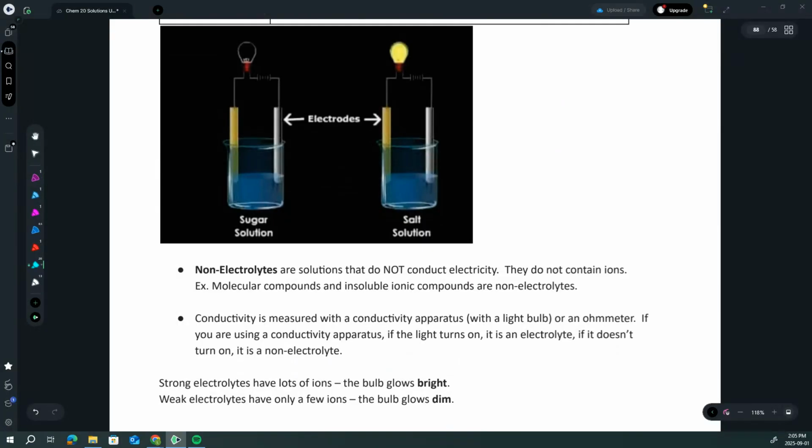Okay, so as we've said before, non-electrolytes are solutions that do not conduct electricity. So for the conductivity apparatus, it's not going to light up the light bulb, and the reason being is because they do not contain ions. So your non-electrolytes are going to be your molecular compounds, which aren't acids, as well as insoluble ionic compounds.